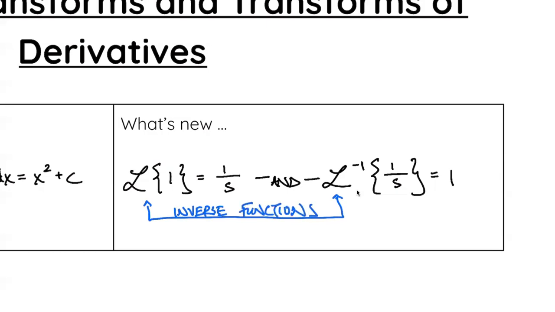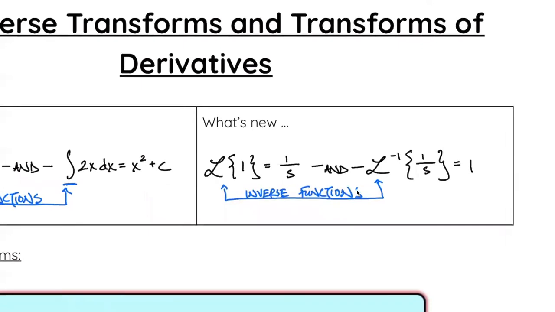And I'm going to say this according to the structure of the table that we have from Paul's online notes. If you look at how we read the table, if you look at the left column and then you look to the right column, then you're finding the Laplace transform.